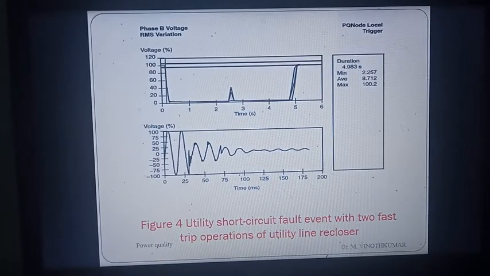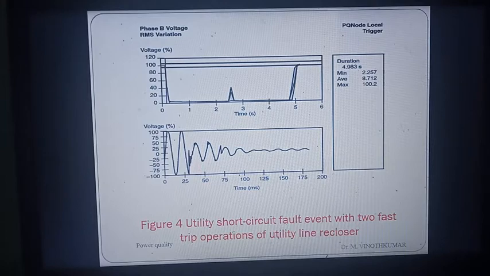This is unnoticeable, about 2.5 to 2.257 seconds, and again the axis is 0 to 175 milliseconds. In this recloser operation, voltage blinking and such things are happening. So this is very rare.